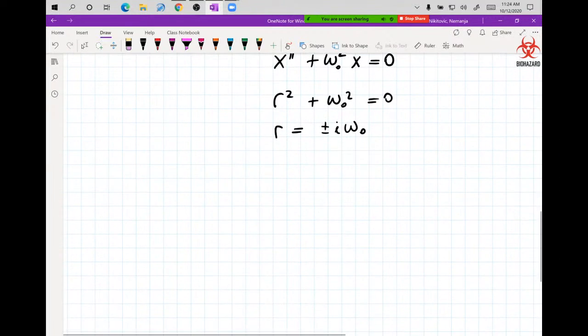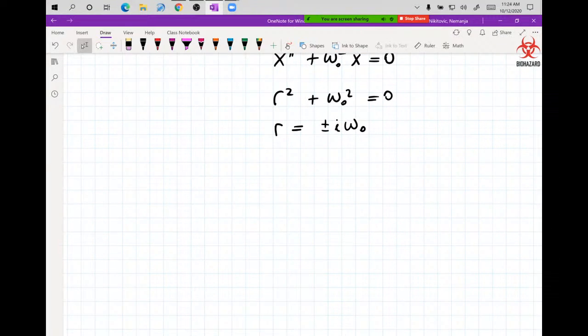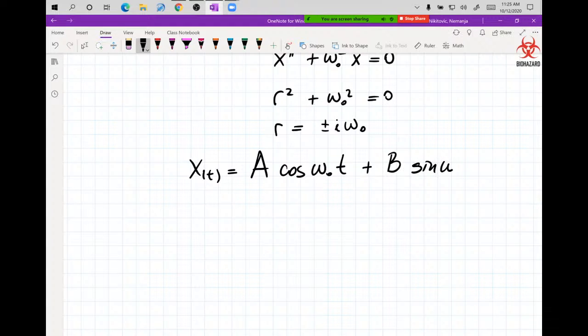And this gives us that good old solution, x of t, which is what I had before we started the class: a cosine omega 0 t plus b sine omega 0 t. This is the argument of cosine and the argument of sine.